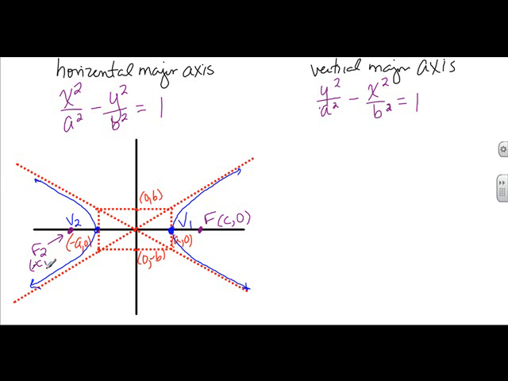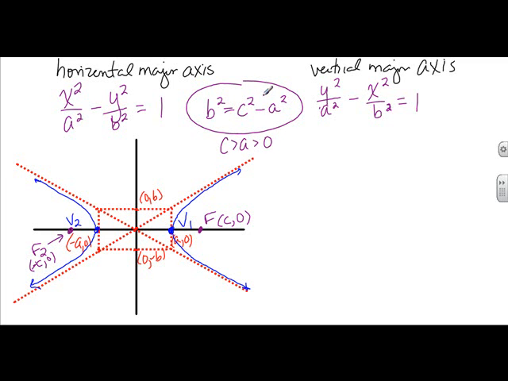The relationship between a, b, and c is that b squared is c squared minus a squared. That is different from the equation that gives you the relationship in the ellipse. With a hyperbola, c is greater than a, and they're both positive.